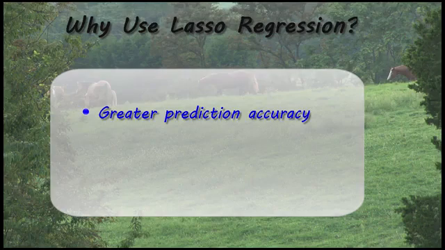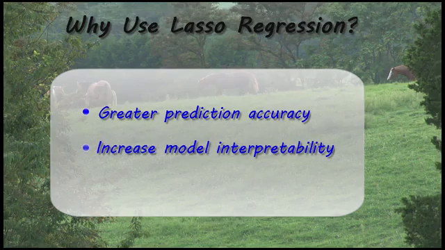However, if you have a relatively small number of observations and a large number of predictors, then the variance of the OLS parameter estimates will be higher. In this case, Lasso regression is useful because shrinking the regression coefficients can reduce variance without a substantial increase in bias. Second, Lasso regression can increase model interpretability.